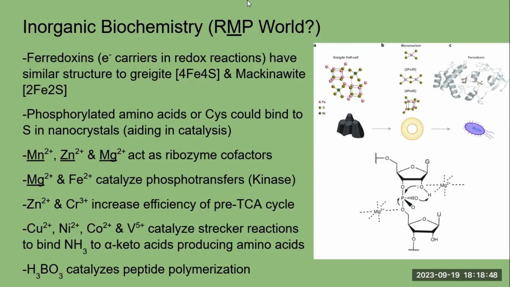In the pre-TCA cycle, the presence of zinc and chromium ions will decrease the production of minor products and thus increase the pathway's efficiency. Copper, nickel, cobalt, and vanadium ions catalyze Strecker reactions, which bind ammonia to alpha keto acids to produce amino acids. And finally, boric acid will lead to enhanced amino acid polymerization during wet-dry cycles.